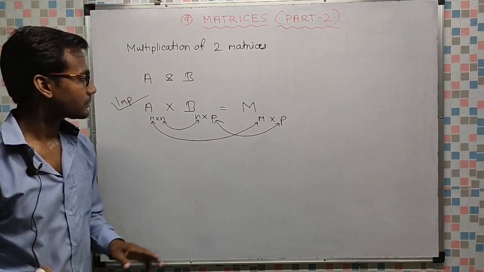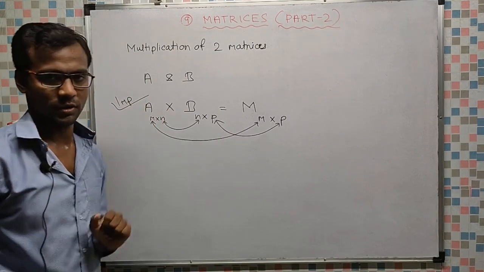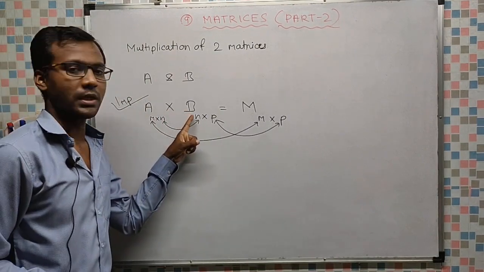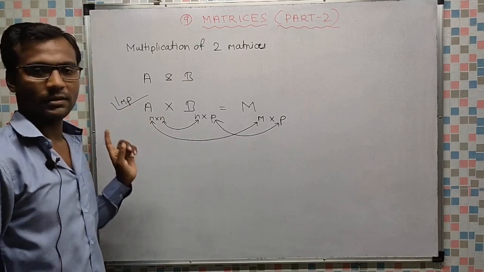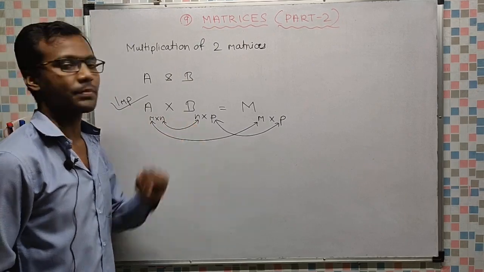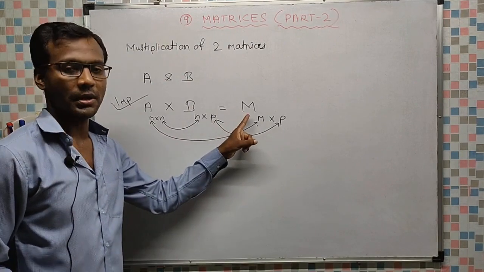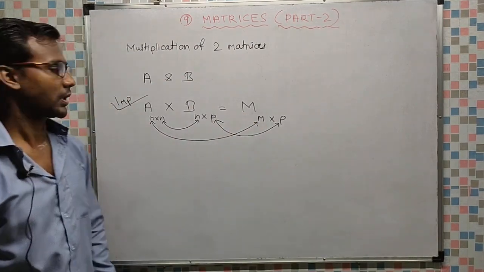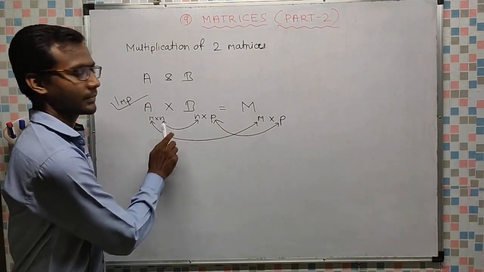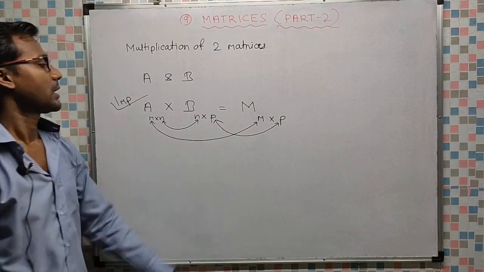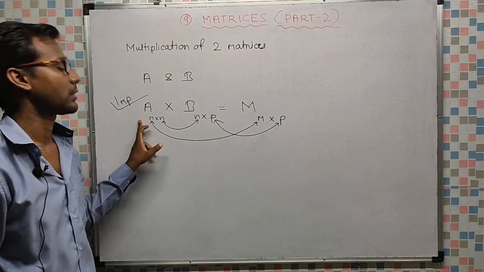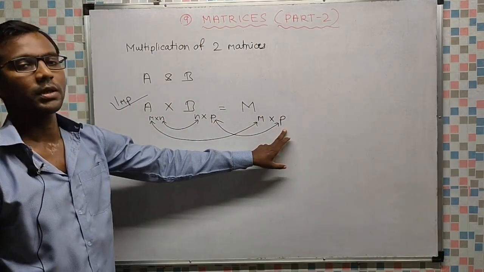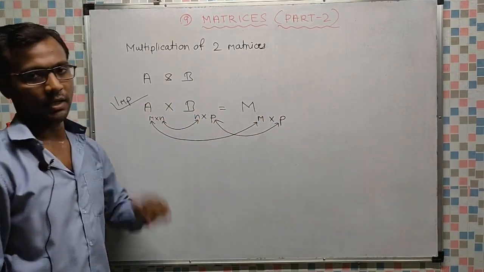So A into B is possible if the number of rows of B is equal to the number of columns of A. If the order of A is m by n, the order of B should be n by p, and the order of the resultant matrix should be m by p. These two should be same, then only multiplication is possible.